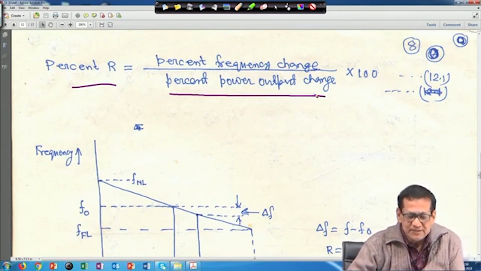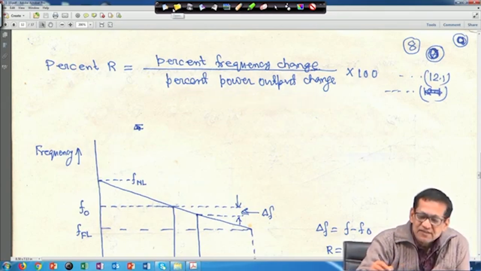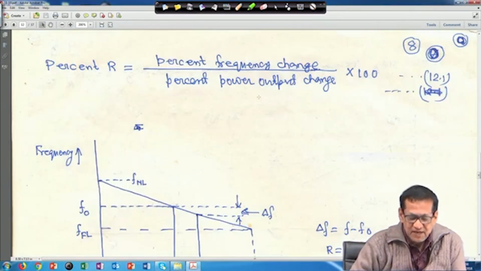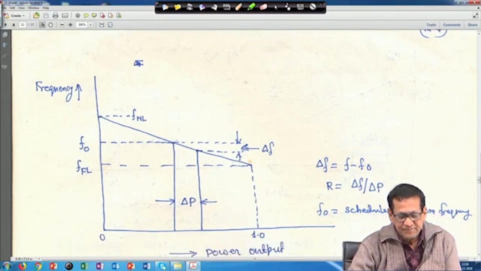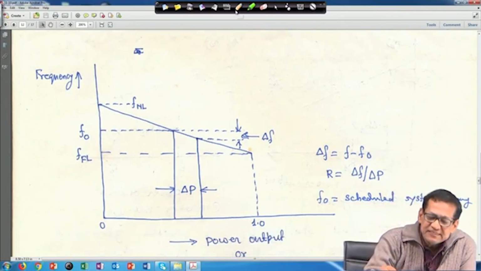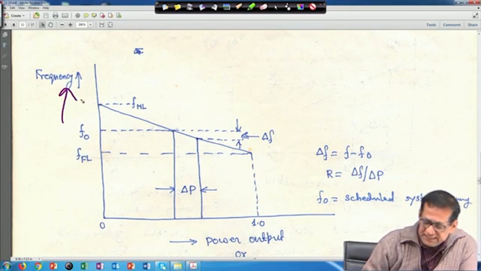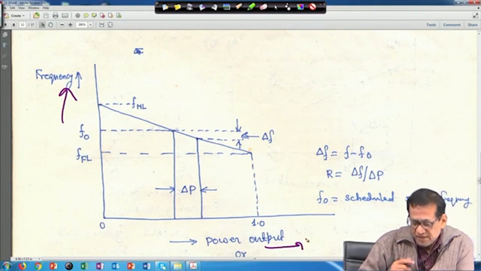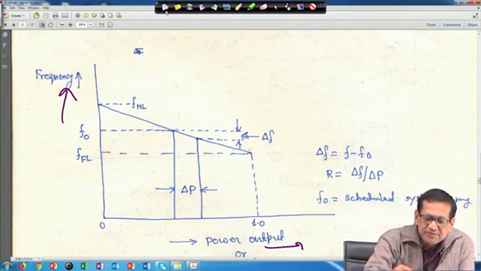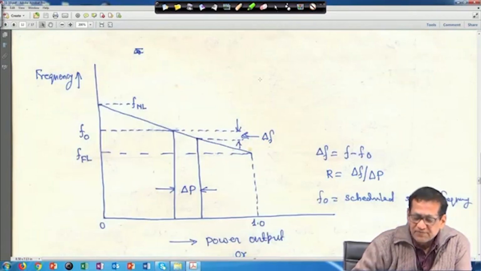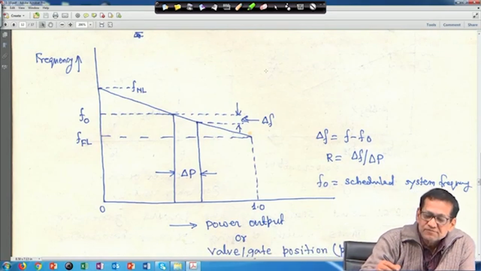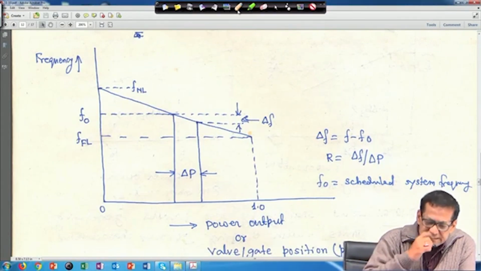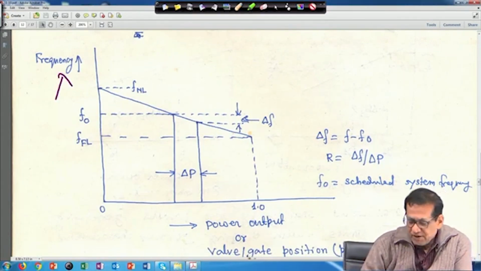For example, if you go to this figure, this side is my frequency and this is my power output, or valve or gate position, in per unit.